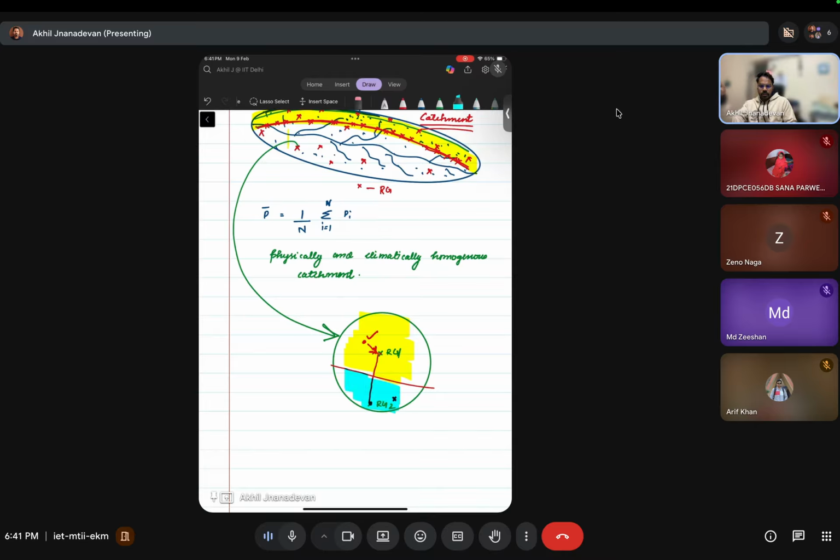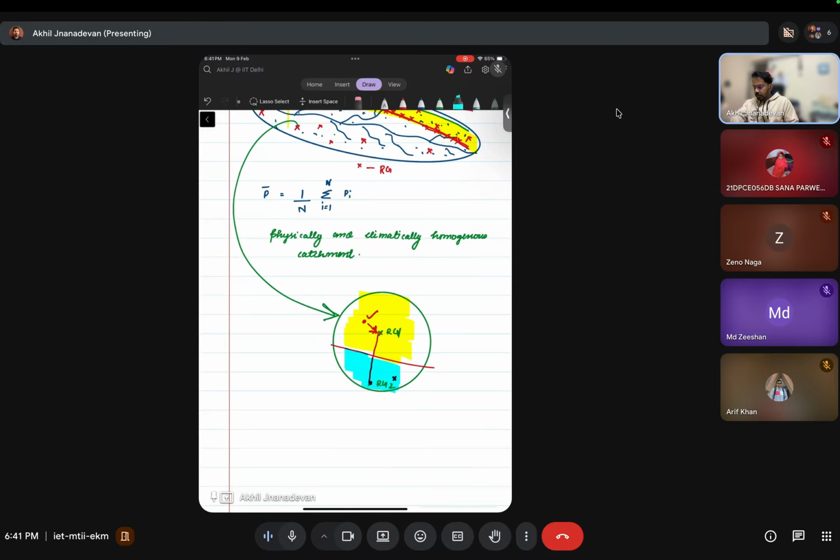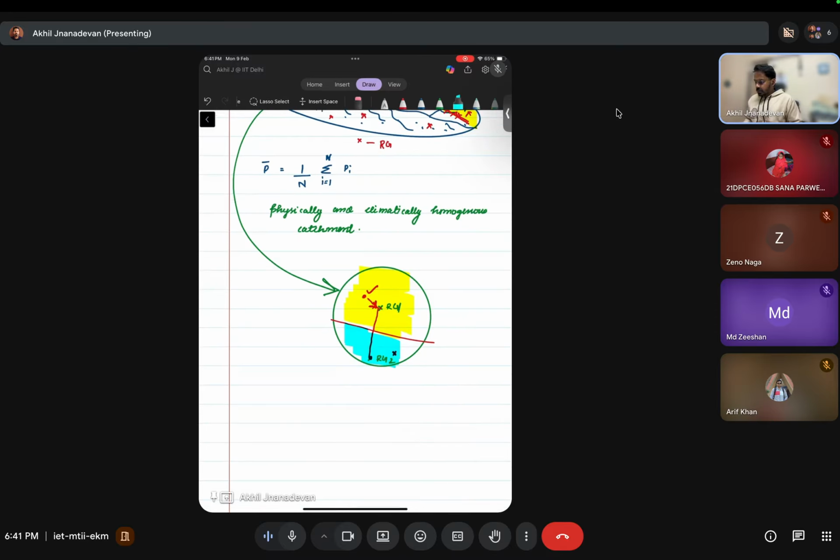This will be clear when we solve problems related to this. I have a numerical problem related to the Thiessen polygon method. So this is the basic assumption. There is a method for how we can divide this particular area.